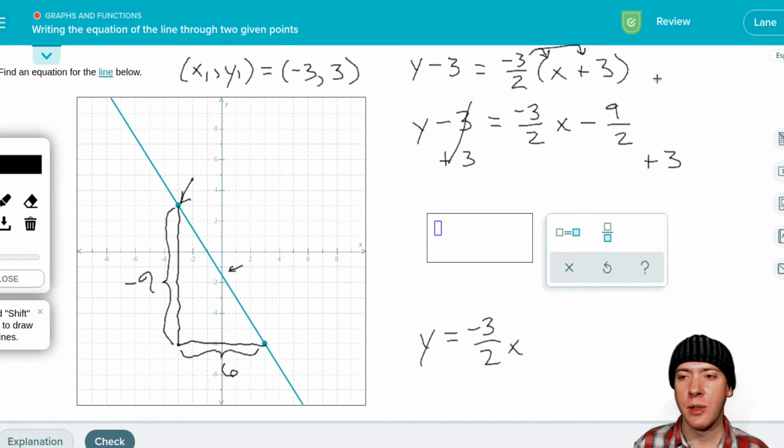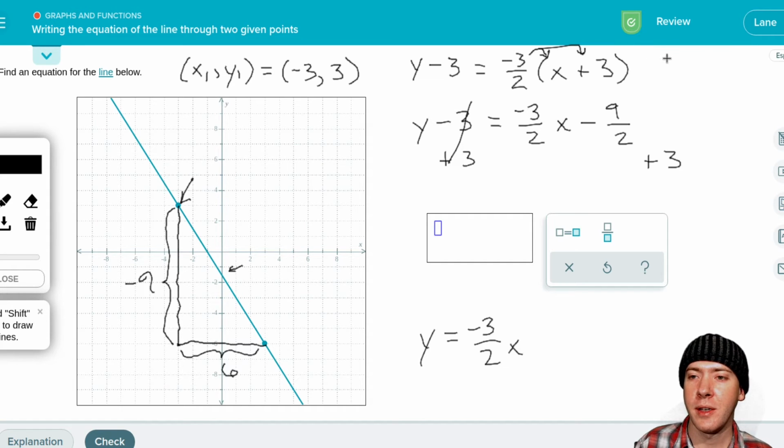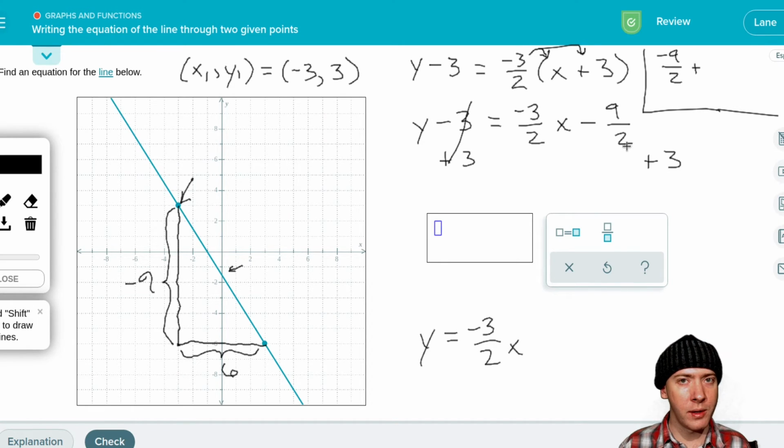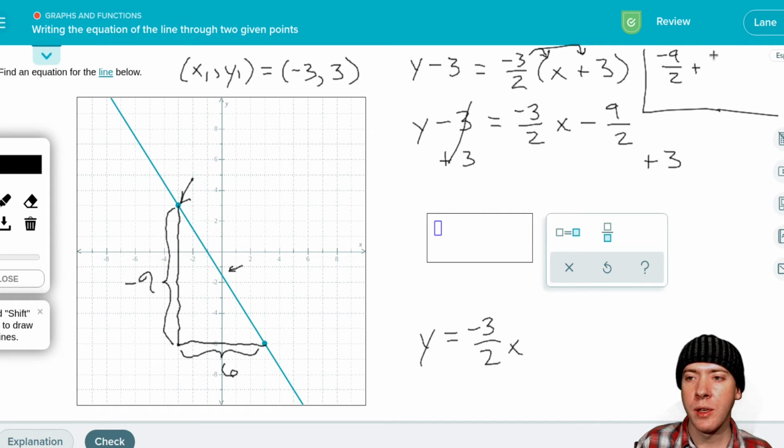Let's work that out up here in the corner. So we've got negative 9 over 2 plus 3. We're gonna rewrite it as 3 over 1. And to get a common denominator, I'm going to multiply the top and the bottom by 2. So that would be 6 over 2, right? So this number, 6 over 2, is the same as 3.